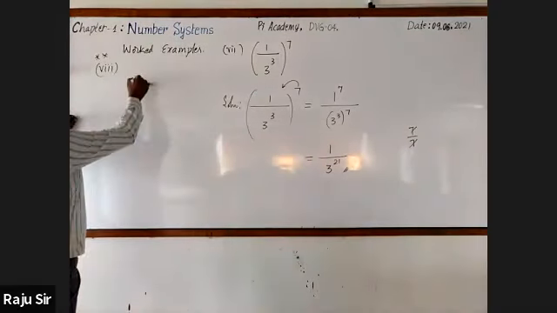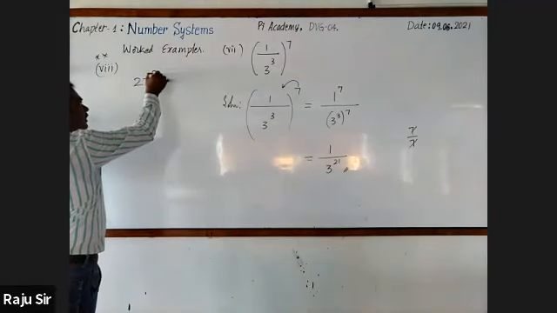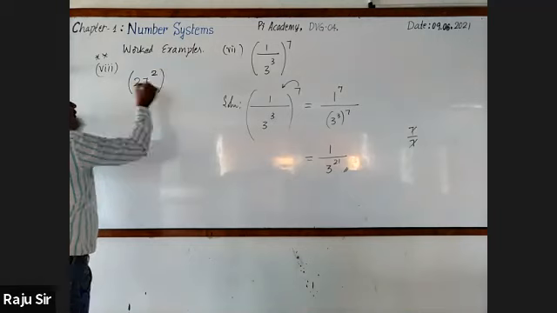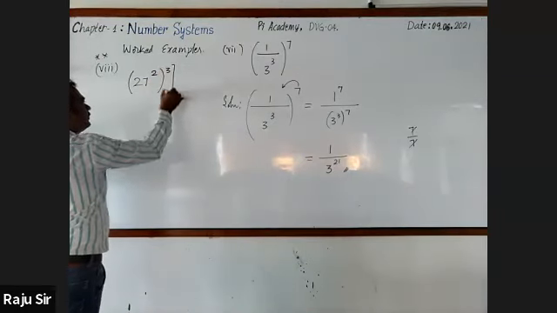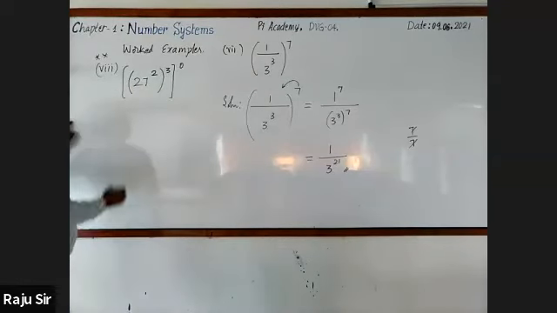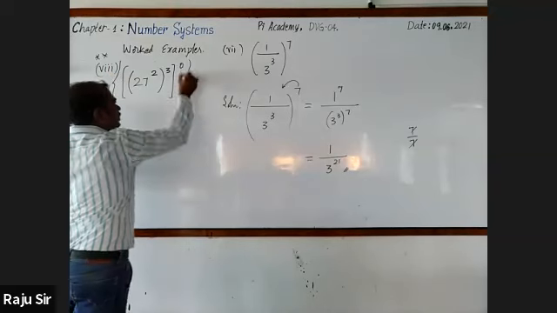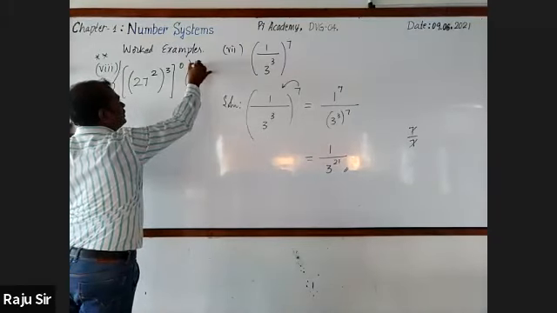Right? 27 square, all raised to the power 3, 4 raised to the power 0, all raised to the power 5 by 3.